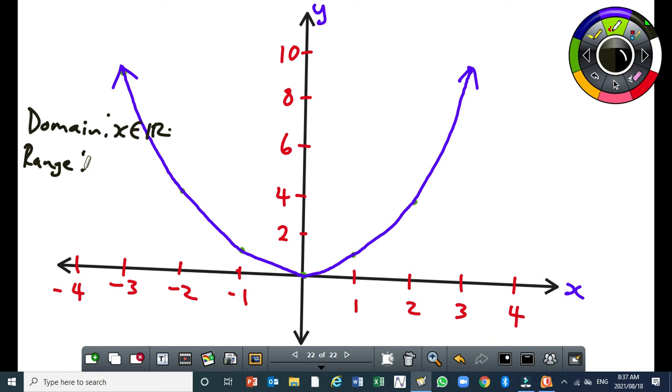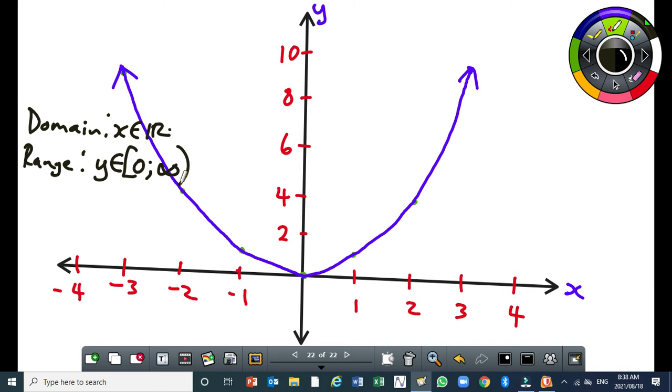So if I use interval notation, the range with the y is an element, I'm starting from y equal to 0 up to positive infinity. And then you put a circular bracket. The moment you have got infinity or minus infinity in your range, you use circular bracket, not square bracket. If you put square bracket, the answer becomes incorrect. So that's the domain, that's the range of the graph.